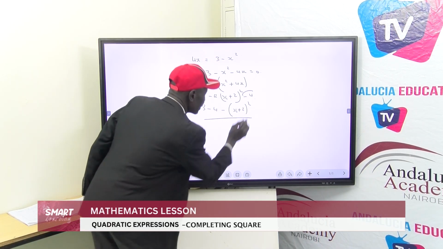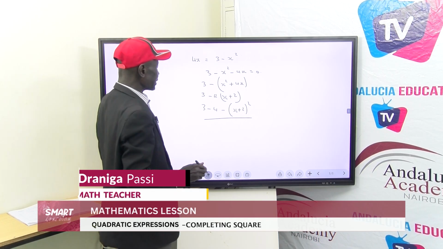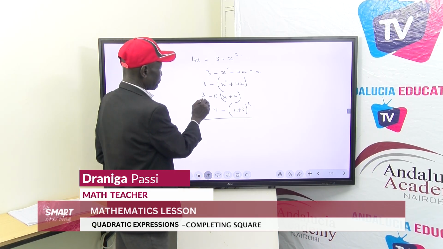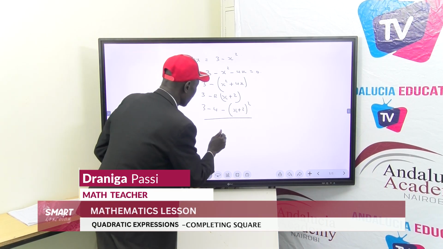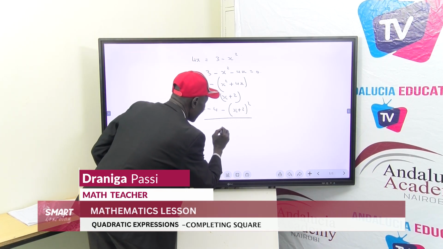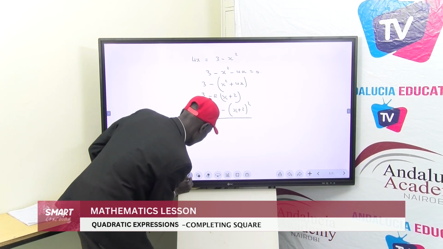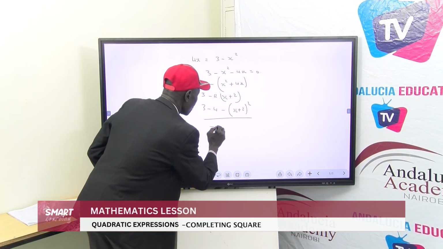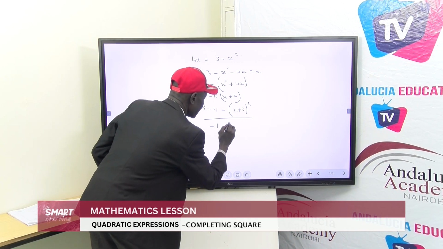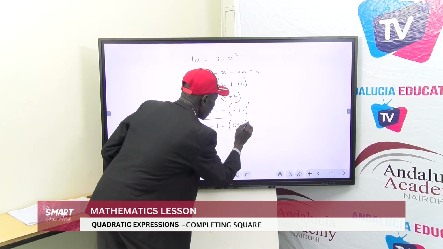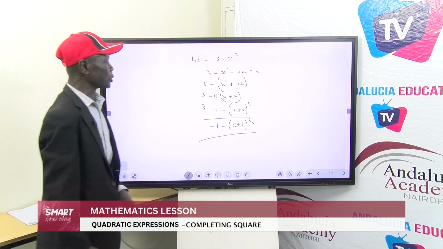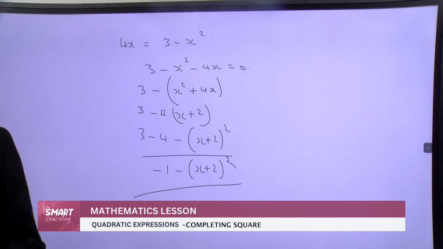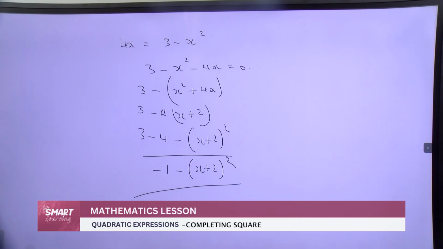So when we subtract, 3 is positive, 4 is negative. So here we are going to have minus 1 minus x plus 2 squared. And you'll have completed your square. So sometimes you'll find that your equation has to be rearranged in order for you to complete your squares.